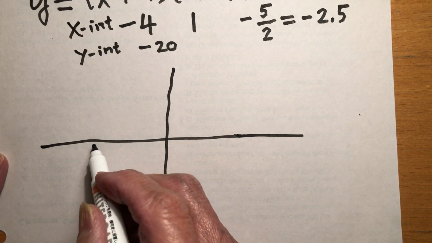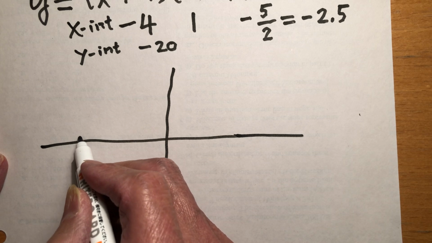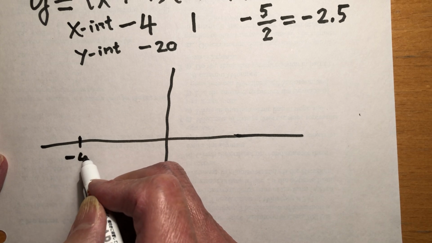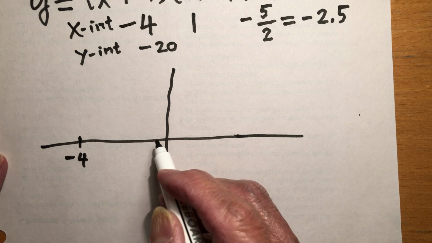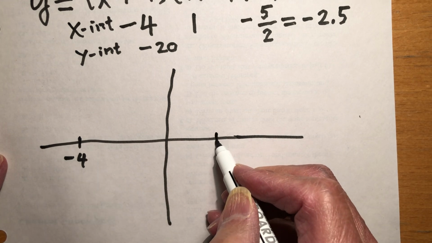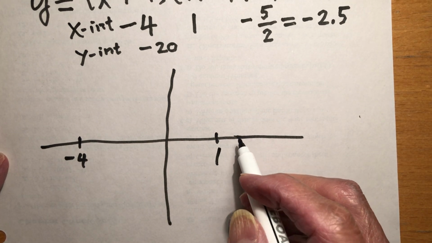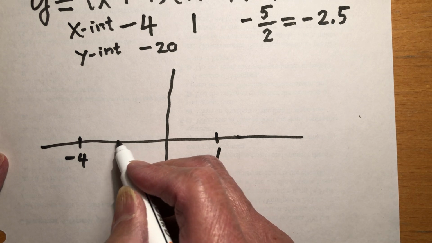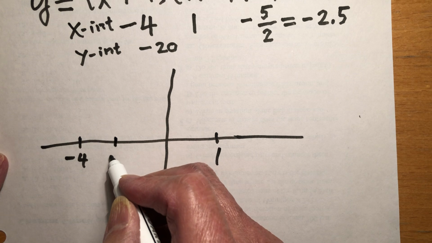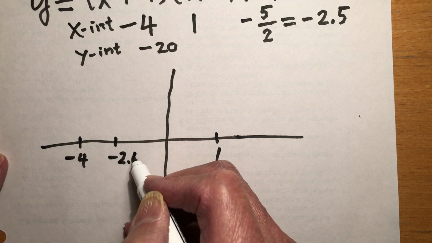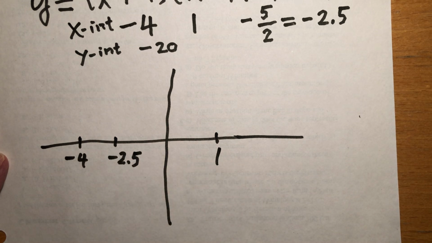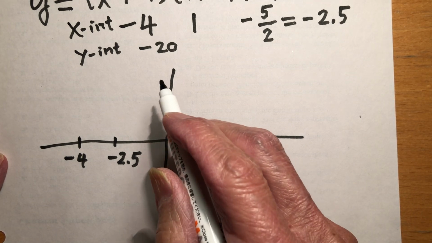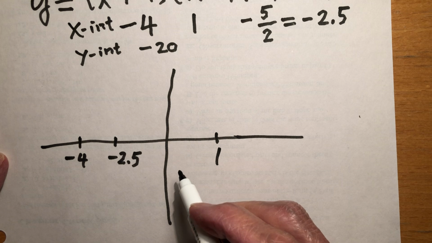-4, 1, -2.5. Okay, maybe here. These are the three intercepts, and y is -20.